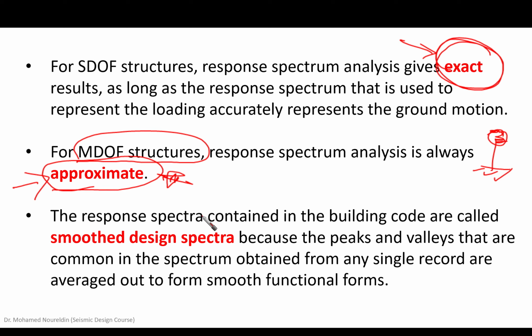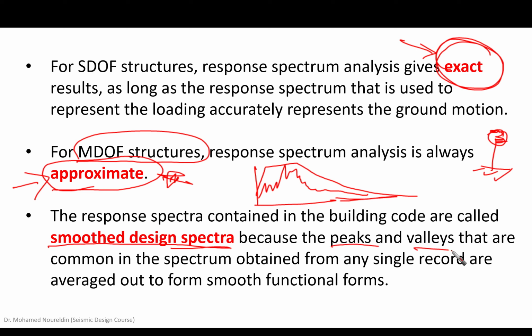The response spectra contained in the building code are called smooth design spectra. We call it smooth because, whenever you see the real response spectra, they look something like this. But whenever you look in the codes like ASCE, for example, we find very nice and smooth response spectra like this. This is because the peaks and valleys that are common in the spectrum obtained from any single record are averaged out to form the smooth functional form.